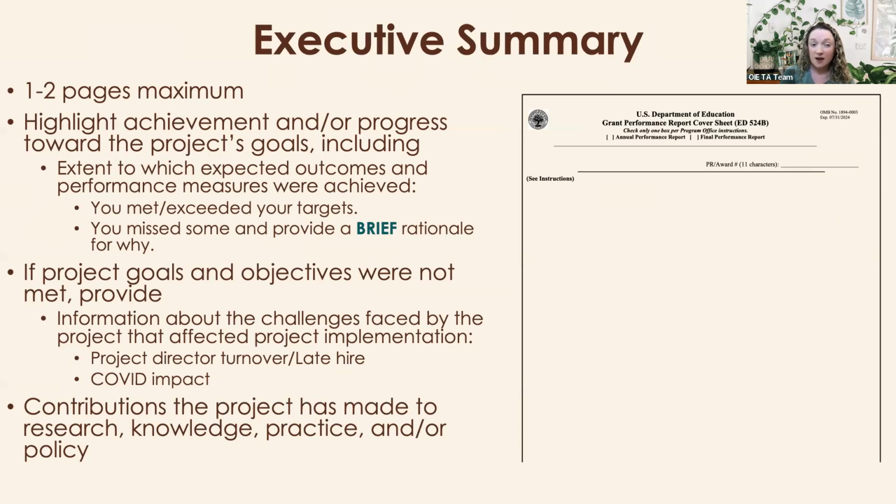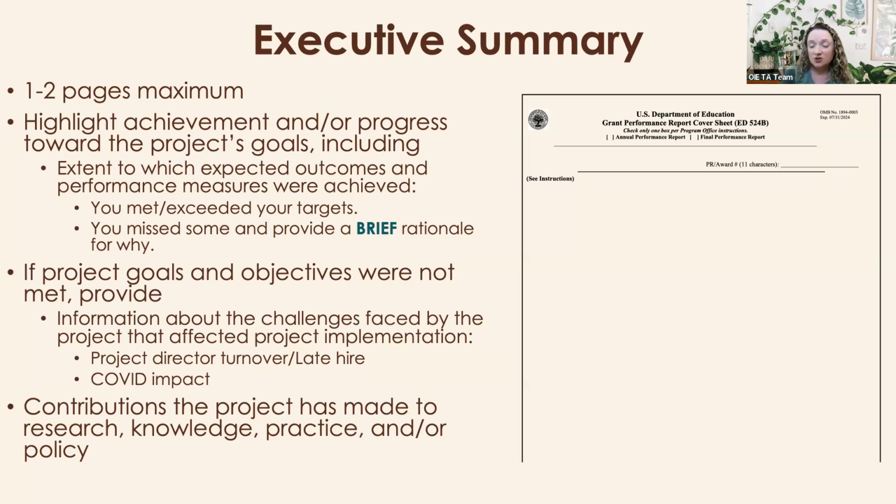If you've already met some outcomes, maybe you've hit some hiccups, you've had some challenges, you can share what those challenges were, how you have taken them and modified, worked around, found ways to address the challenges. If you've made any contributions to research, knowledge, practice, or policy, this is the opportunity to really give that nice bird's eye view of your project thus far this year.